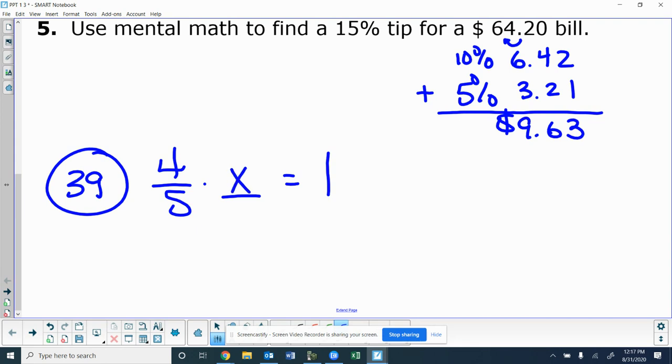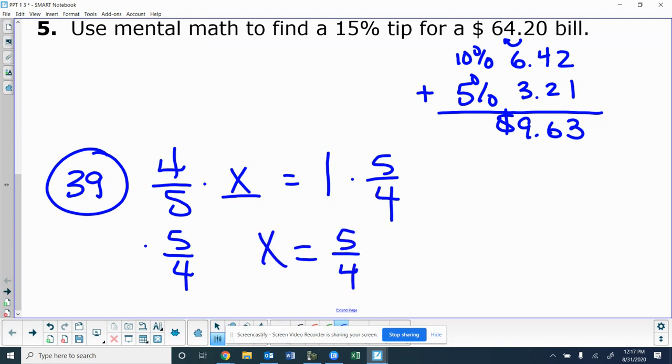Just put x in, what we're looking for. So what do I do with that 4/5 to move it to the other side to get x alone? You could divide by 4/5, or what I like to do with fractions is multiply by the reciprocal. That's like dividing. That would give me x is 5/4. That's how I would fill in the blank.